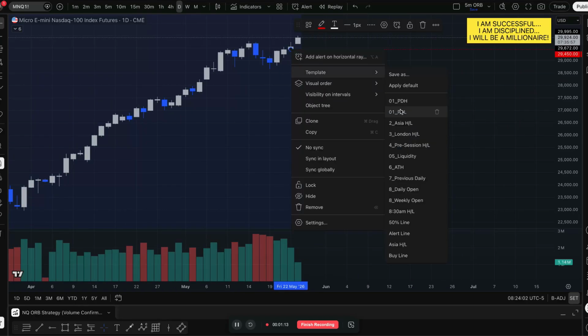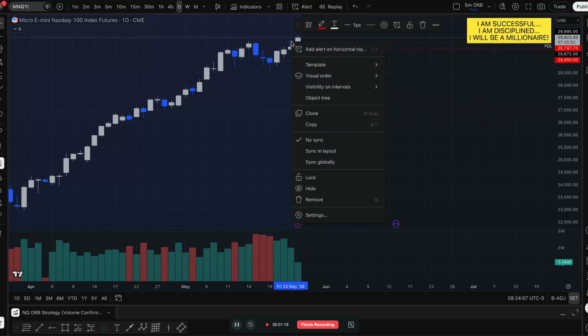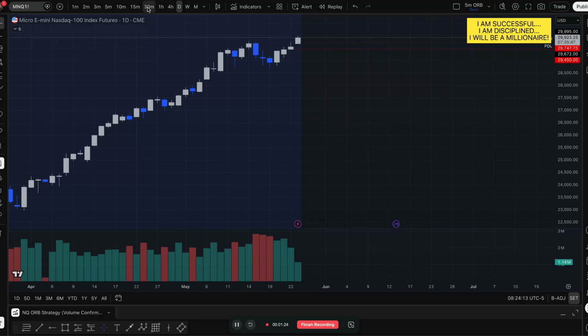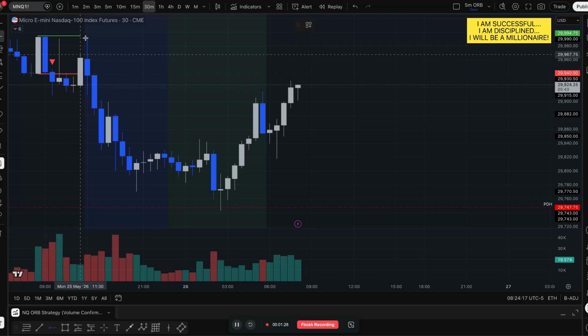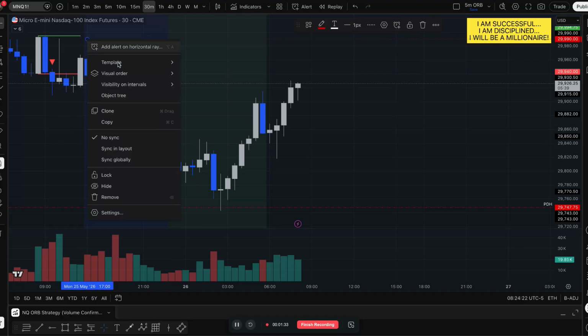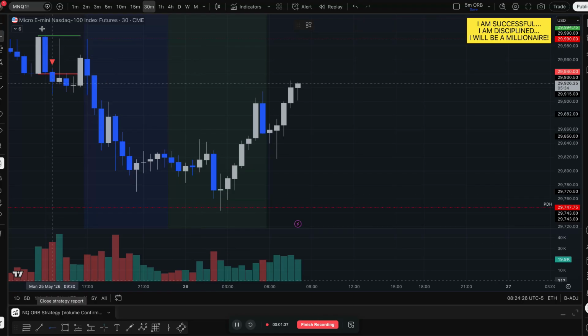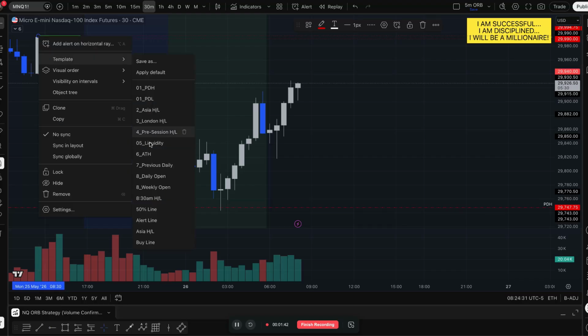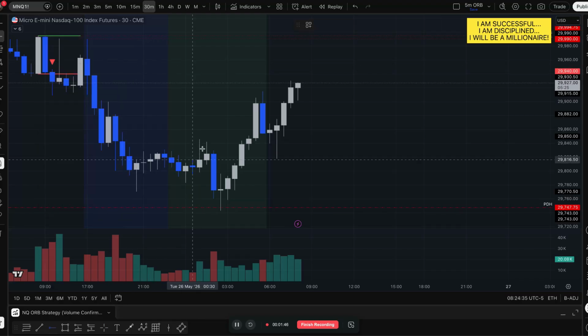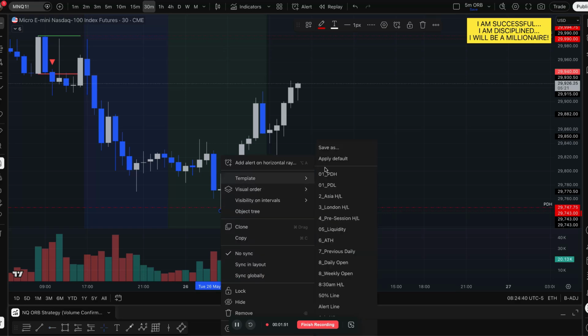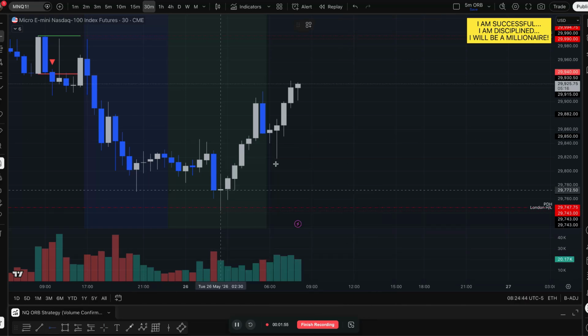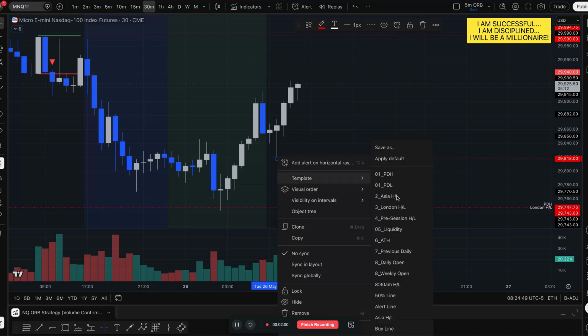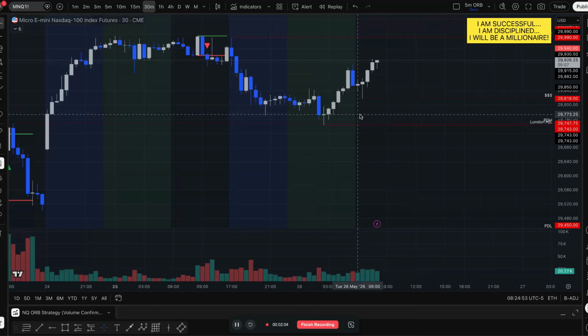First level that I mark is my daily high and my daily low, and then I hop over to the 30-minute chart, and I look at what has happened during the Asia session and the London session. I mark Asia high if it has not been taken out. There's my Asia high. Mark Asia low if it has not been taken out, but it has been.